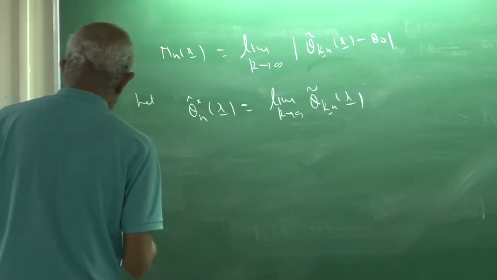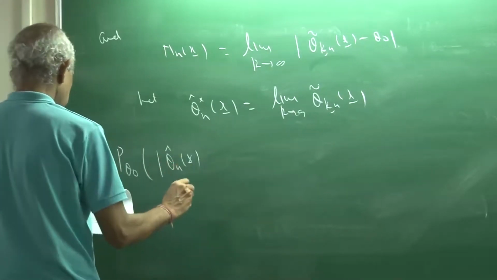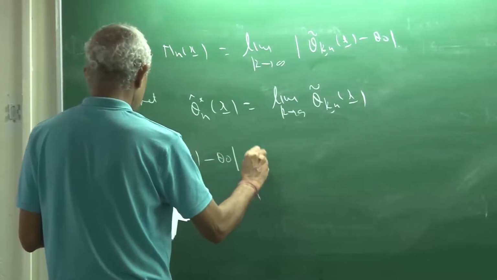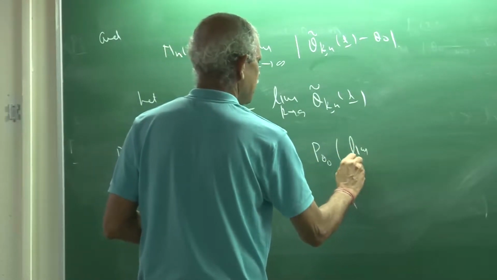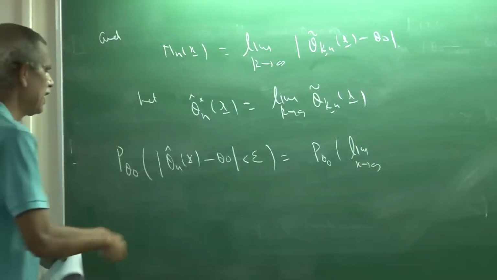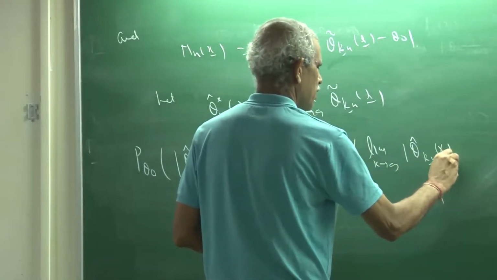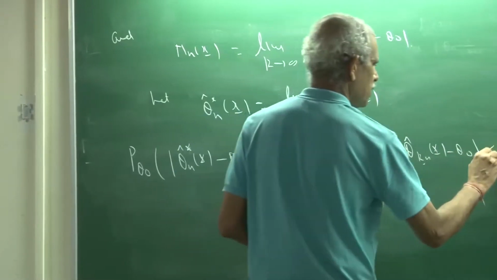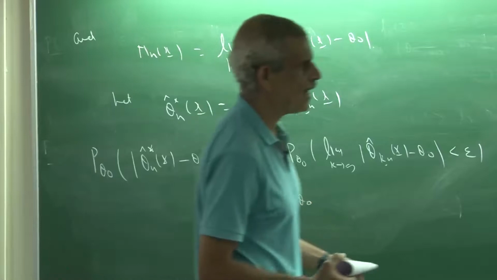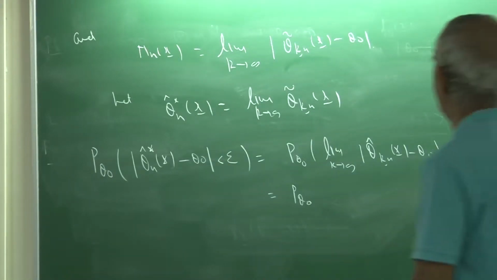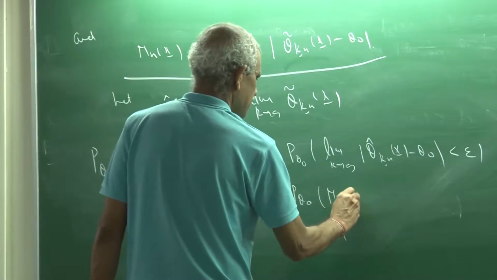How? Let us look at what is the probability that, under theta naught, mod of theta n hat x minus theta naught is less than epsilon, which is the same as P theta naught of limit k going to infinity, because theta n hat star x is the same as limit k going to infinity of theta tilde kn, which is the same as, by definition of theta hat kns, theta hat kns minus theta naught in the limit is the same as mnx, which is the same as the probability that mnx is less than epsilon.